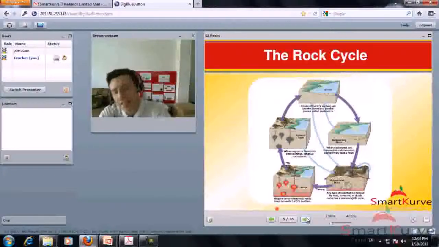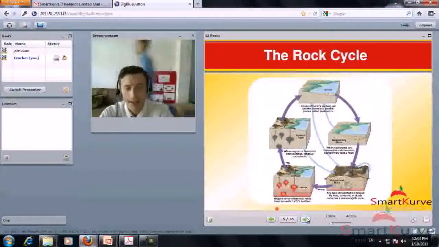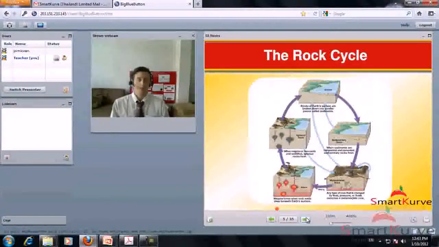Now, the next step in that process is when that magma cools. It solidifies. It basically freezes. Just like liquid water freezes into ice, that hot, molten, liquid rock freezes into solid rock. And that solid rock is igneous rock.